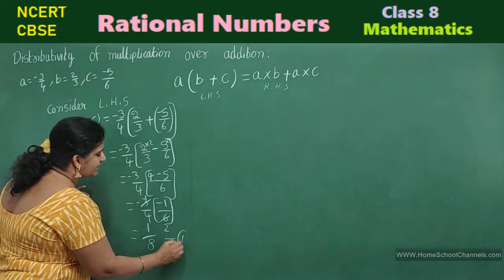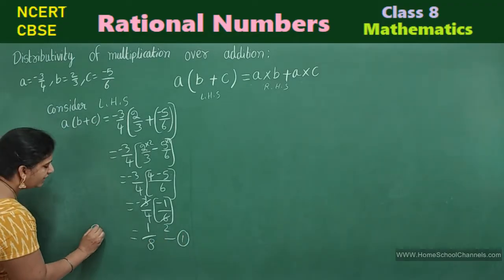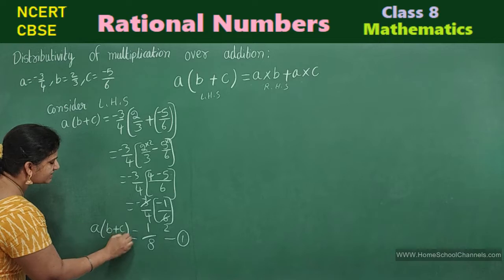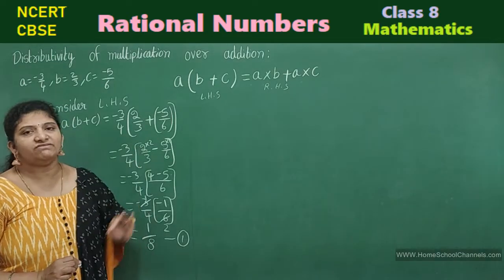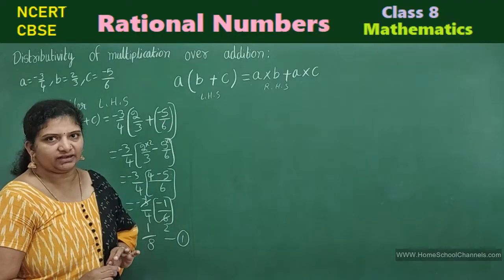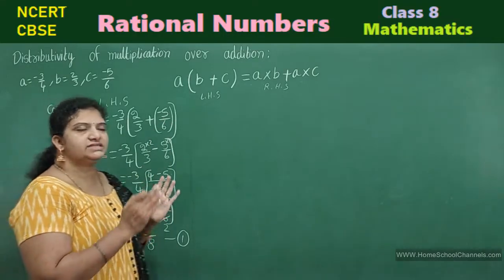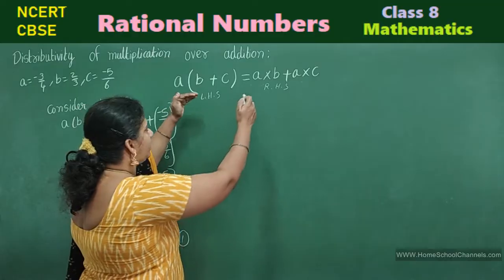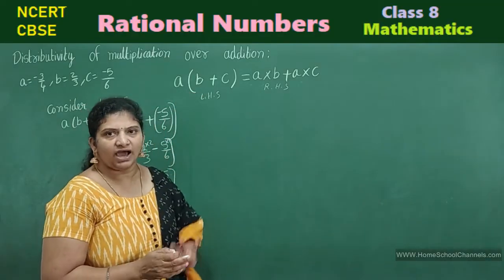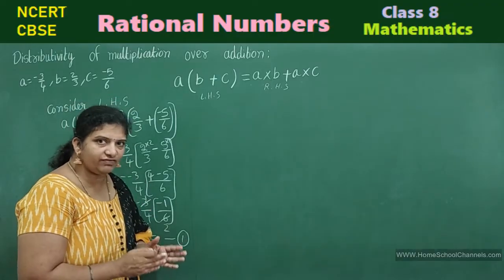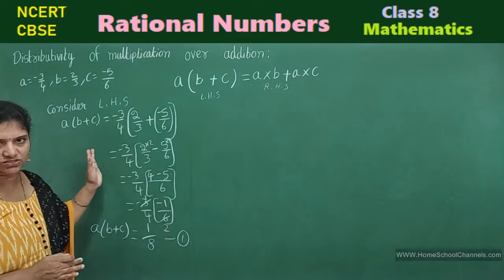Therefore, mark this as the first equation: A into B plus C is equal to 1 by 8, I got. Next, I will consider the RHS part. In the same manner, at a time you can take LHS, RHS and prove LHS is equal to RHS.